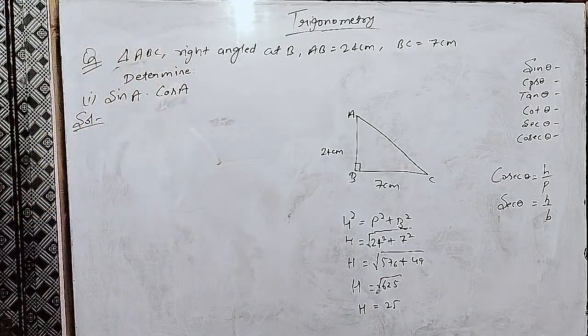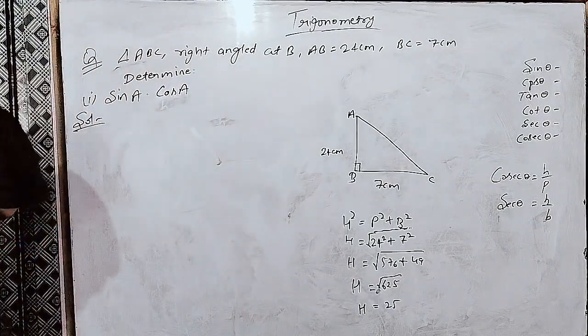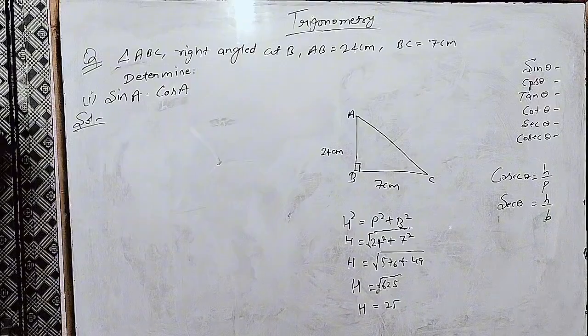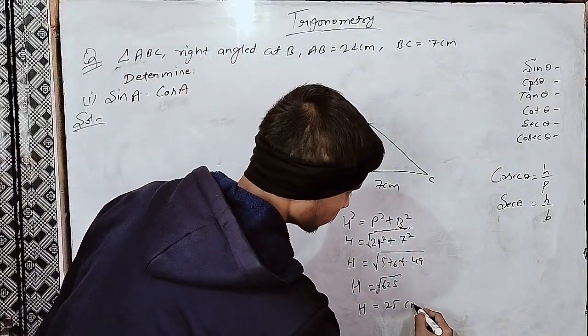H is how much? Hypotenuse is 25 centimeter.